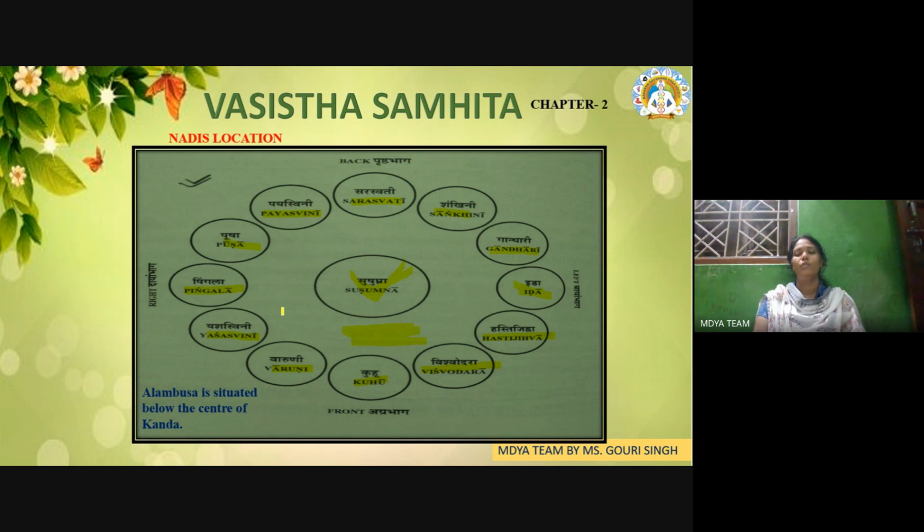Okay, so for the total of 14 nadis: Susumna is 1, Ida is 2, Pingala is 3. Then 5 are arranged in this way, and 5 are arranged in this way, and 1 is left, that is Alambusa, present below the Kandha area, or below the center of the Kandha.